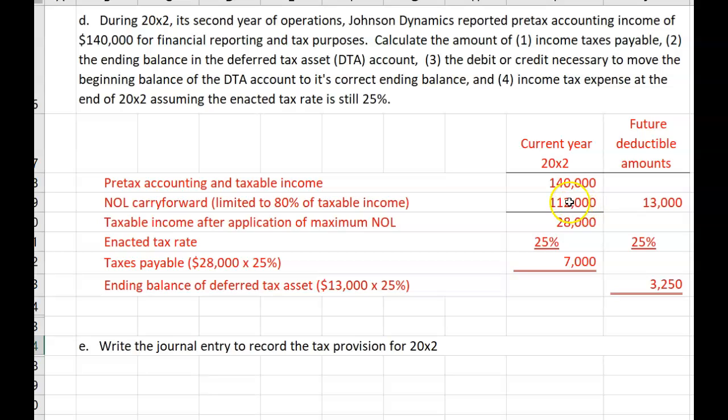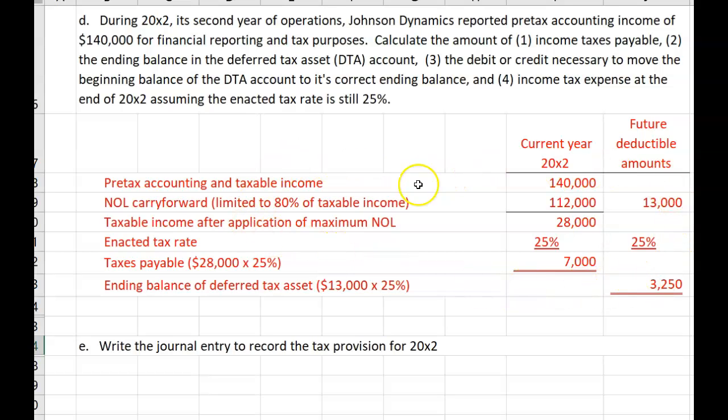If the entire amount of the NOL carryforward is $125,000, and we used $112,000 of it in 20X2, then we still have $13,000 that we can deduct against taxable income from this NOL in the future. Times the 25% tax rate equals an ending balance in the deferred tax asset account of $3,250. That's $13,000 times 25% equals $3,250.